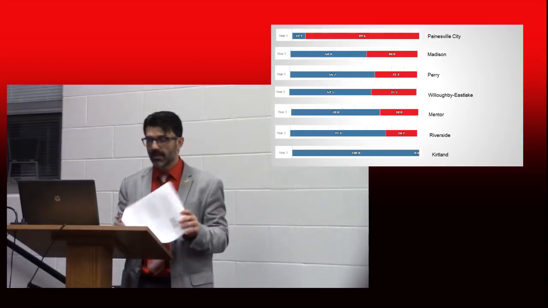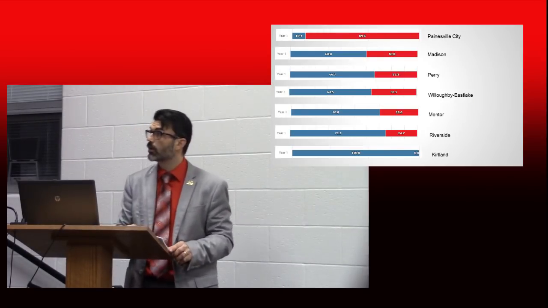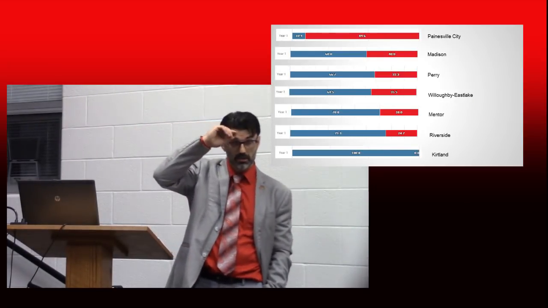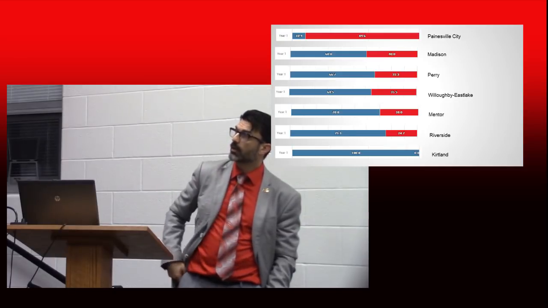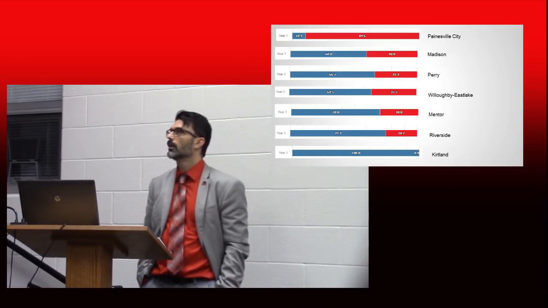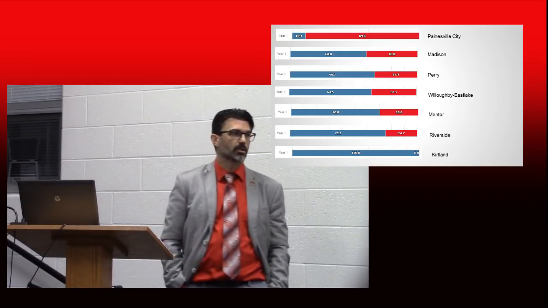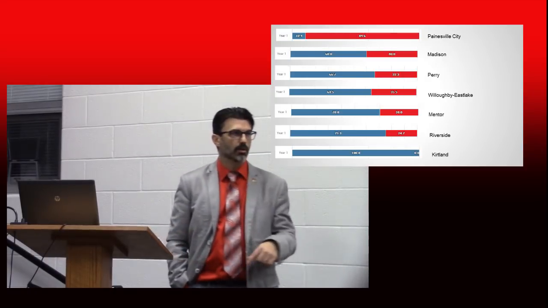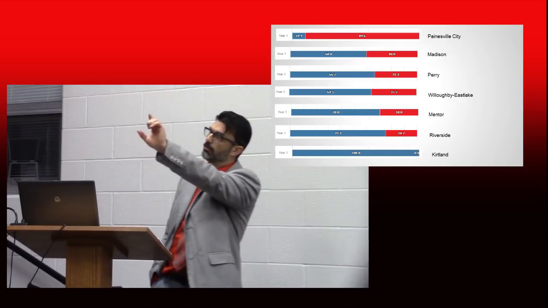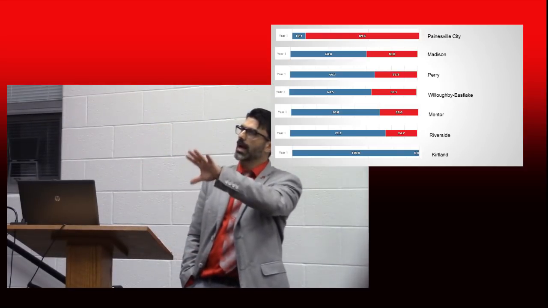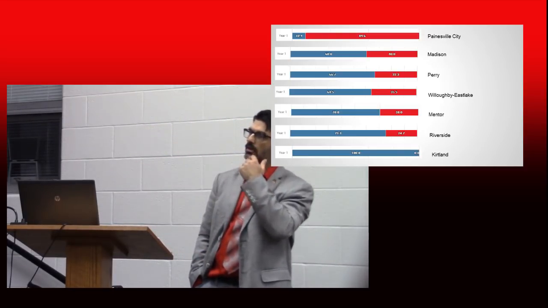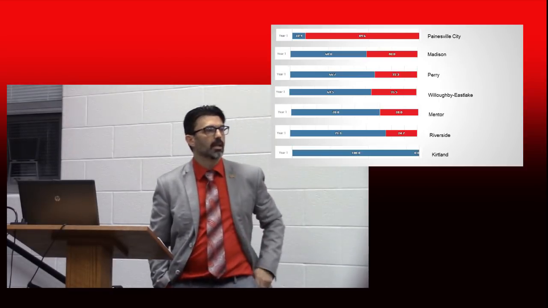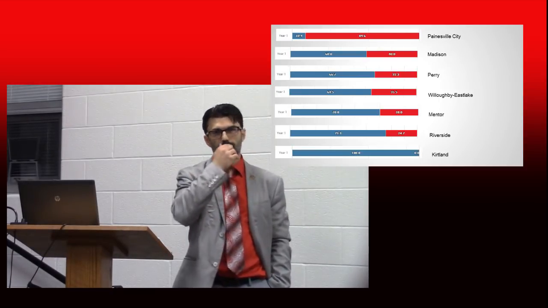Again, as a matter of context, something that I think is important for all of our stakeholders to understand. These are the year one on track versus off track rates in Lake County. So again, the blue is on track, the red is off track. So just so you have a concept of where we're starting from.